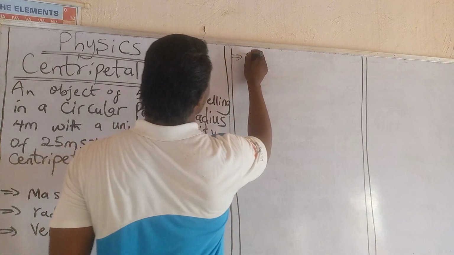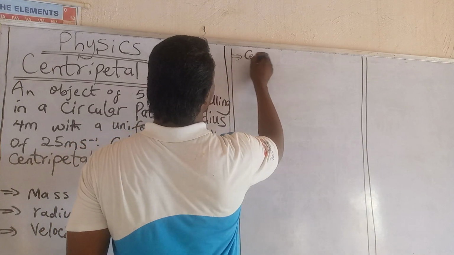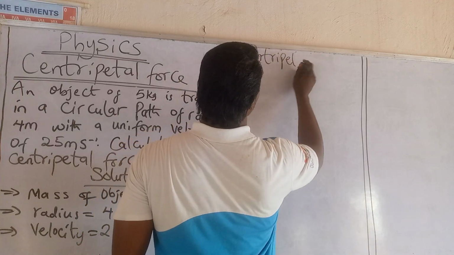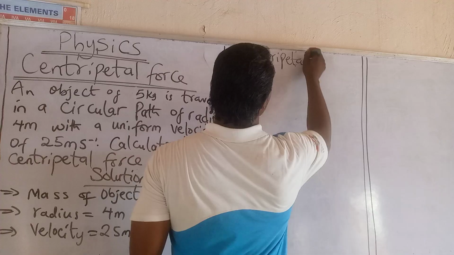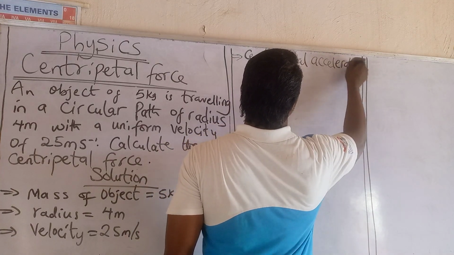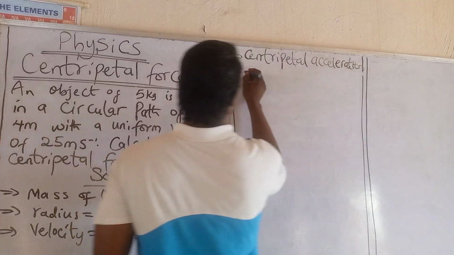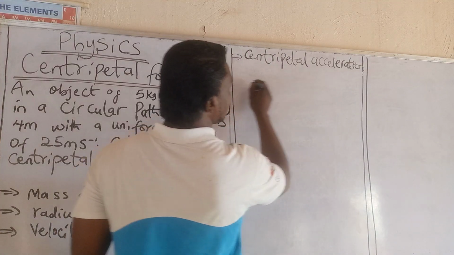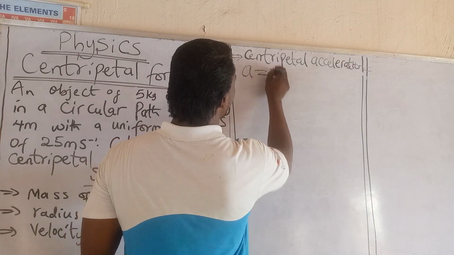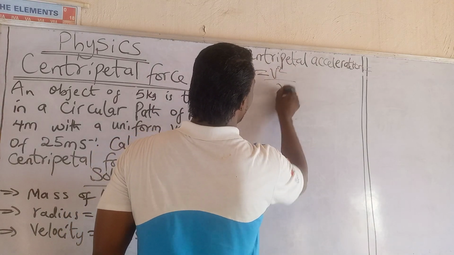For centripetal acceleration, this centripetal acceleration is given by a equals v squared over r.